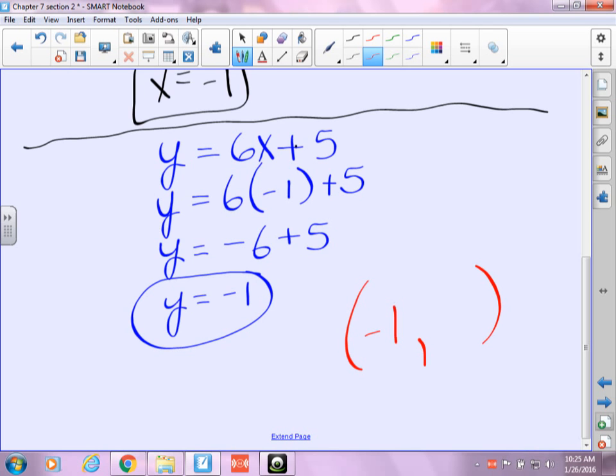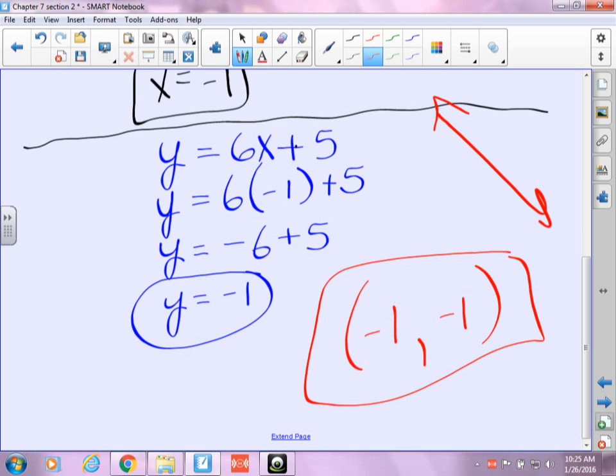What's my y? Okay, so that is my answer. That is where those two lines intersect. And I'm just drawing it so that you see that's where these two lines intersect. And I can graph them or I can substitute. Okay? Should they check? Yes. If they don't, you did something wrong. Yep, that's right. Okay?